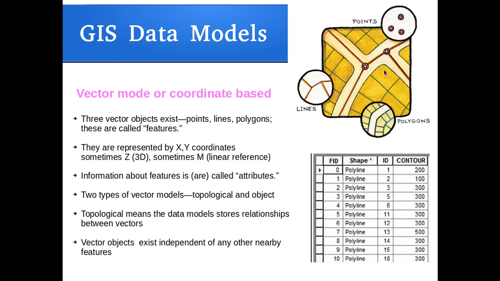So basically a point could be, for instance, a building that is located in that part of the geographical area, the polygons could be the delimitations of that area, and the lines could represent a street, and all those objects are represented in a database, as you can see in this example. That example is not complete because it doesn't have the x and y coordinates, but it's just to give you an idea of how it stores the information.